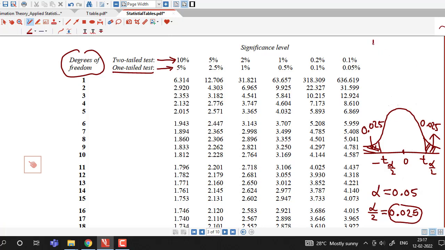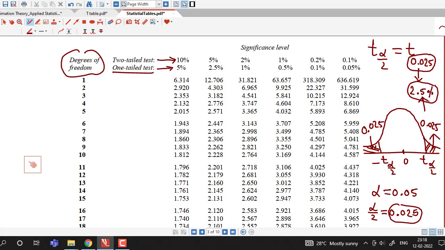That is, we consider T alpha by 2 which is equal to T suffix 0.025. So we will use this as significance level 0.025. If we convert to percentage, then it is 2.5%. So level of significance for one-tailed test, if we concentrate on the one-tailed area, is 2.5%.